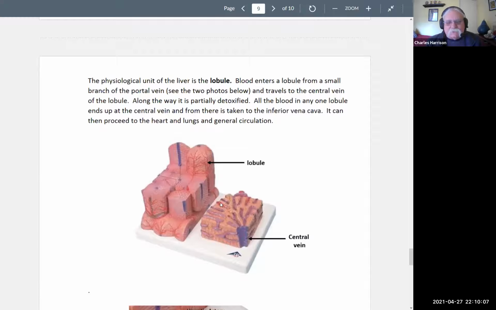The lobule is the physiological unit of the liver. This is a lobule right here. It always reminds me of a grain silo. But there'll be, in this case, 1, 2, 3, 4, 5, 6, 7 grain silos, most of them cut open for us to see inside. The lobule, though, is the main unit of the liver.